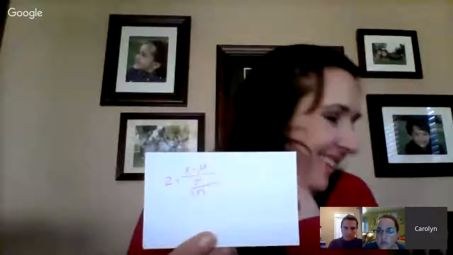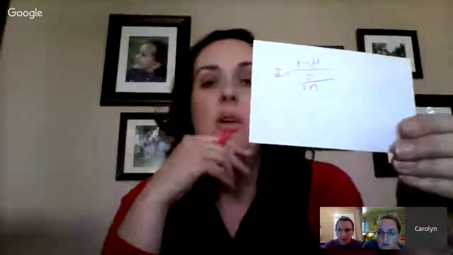Z equals, I don't know if you can see. Can you see that? Hold it up. You have to talk, though, so we can see it, because you have to make it go. No, you're showing it, but I couldn't see.